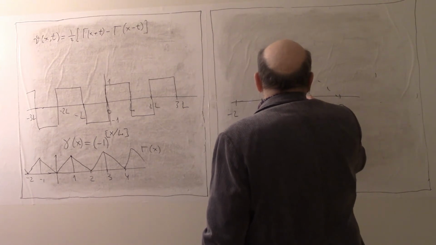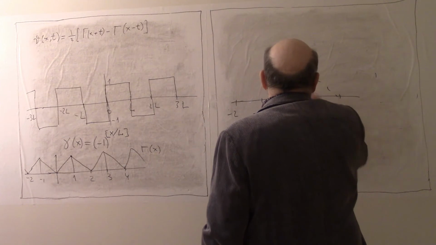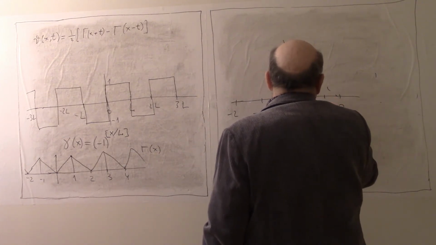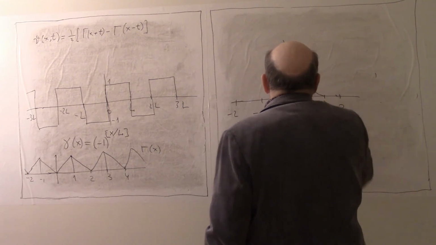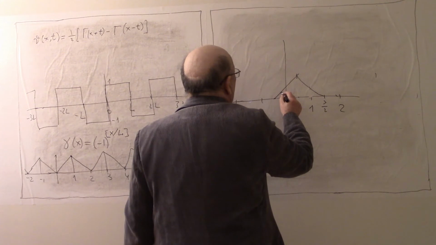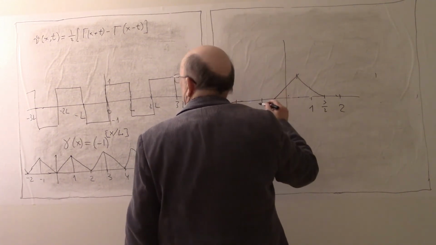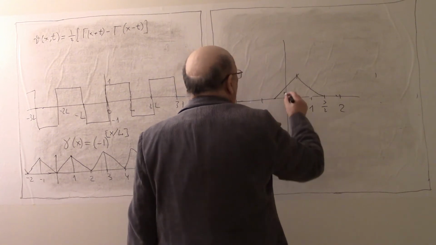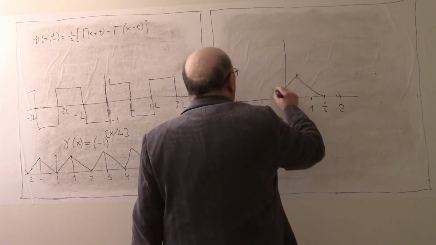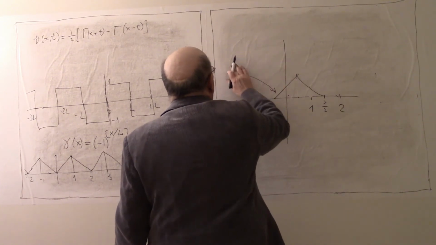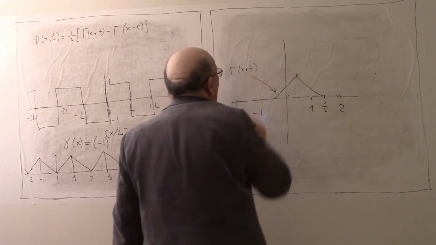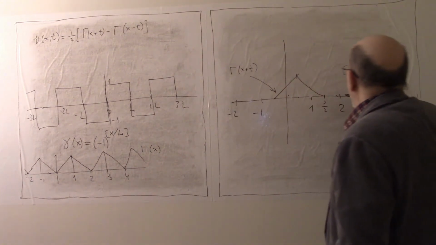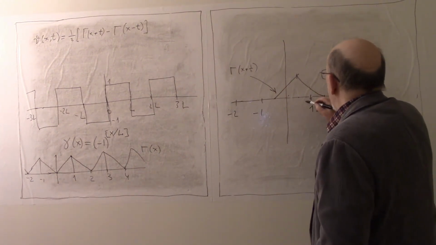So the summit will be here. This function is gamma of x plus 1/2. Gamma of x minus 1/2 is this one.